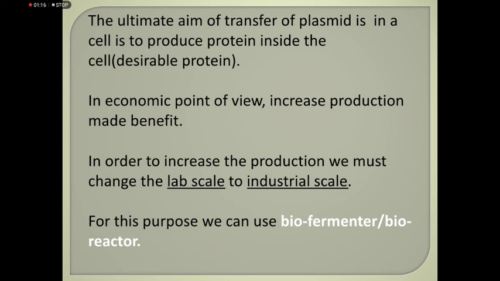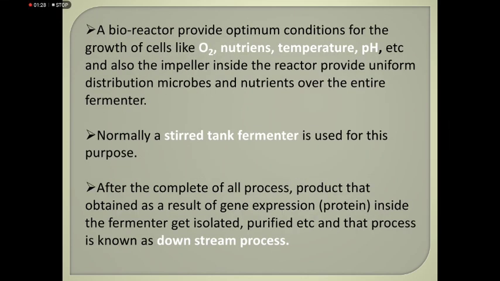For the industrial production, bioreactors or biofermenters are used. A bioreactor or biofermenter is an instrument. A bioreactor provides optimum conditions for the growth of cells like oxygen, nutrients, temperature, pH, etc. And also the impeller inside the reactor provides uniform distribution of microbes and nutrients over the entire fermenter.